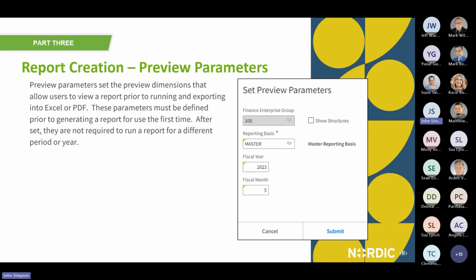So if I have, let's say, 3 charts of account that do various things, I can select that alternate chart of account, even if I don't have the reporting basis that shows that. Maybe I don't have it tied to a reporting basis, I can actually sub in a chart of account structure and then see that new structure in there. I will let you know, it'll save for preview parameters, but if you want to run the report without the alternate structure all the time, you're going to have to come in and choose that alternate structure.